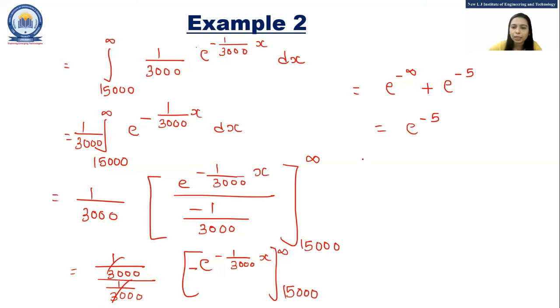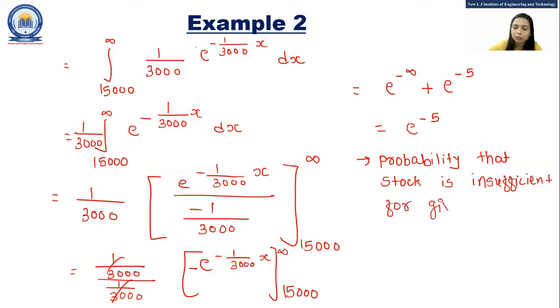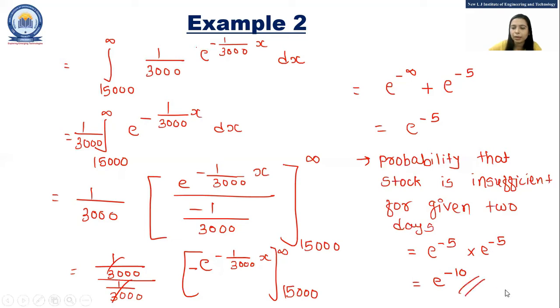So the probability that the stock is insufficient for the given 2 days is equal to e raised to minus 5 into e raised to minus 5, which is equal to e raised to minus 10. So this is your final answer.